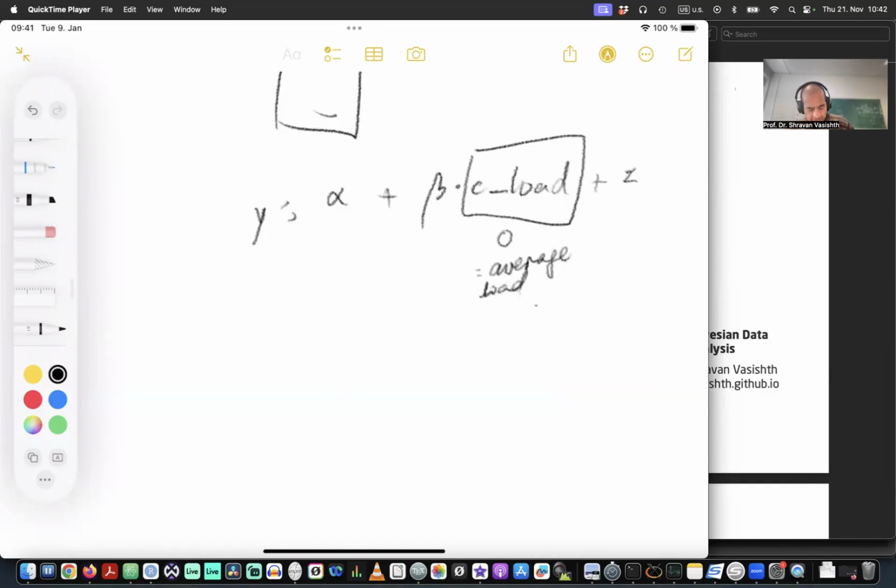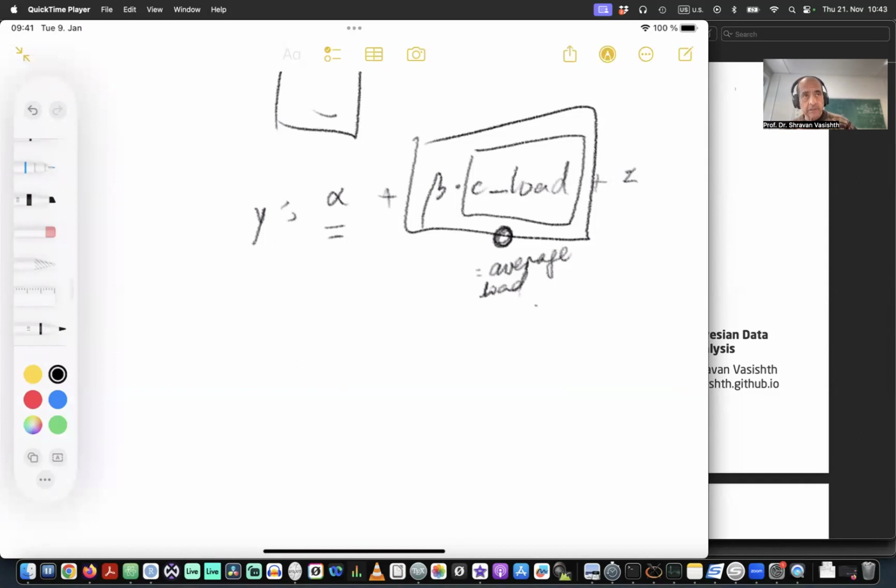Therefore, when centered load is 0, this whole term is 0, and alpha, the intercept, represents the expected pupil size when the load is at the average value.